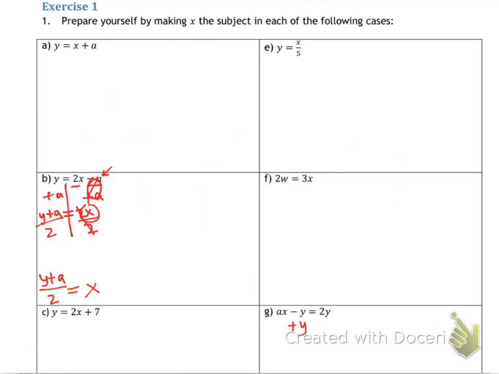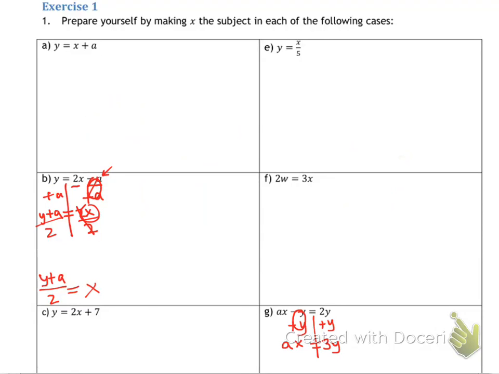Let's start with moving the y. And how are we going to do it? By adding it to this side, making it 0, and adding it to this side. I have 2 y's up there, and 1 more, makes a total of 3 y's. And 3 y's will be equal to ax.